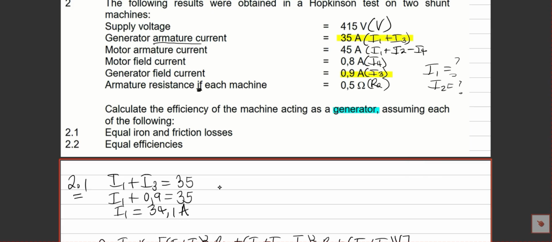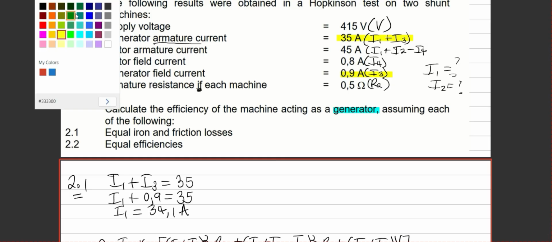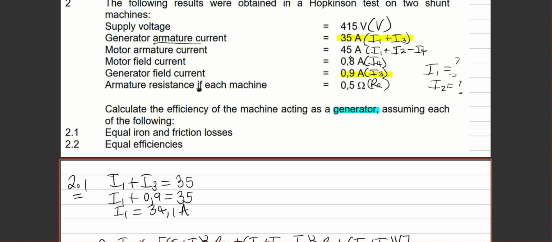34,1 amps. We found I1. You still want to find I2. To find I2, this time you are using this one. You're using that formula. You have everything else.